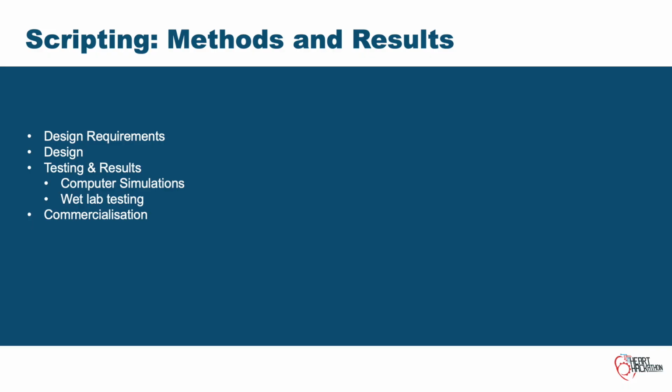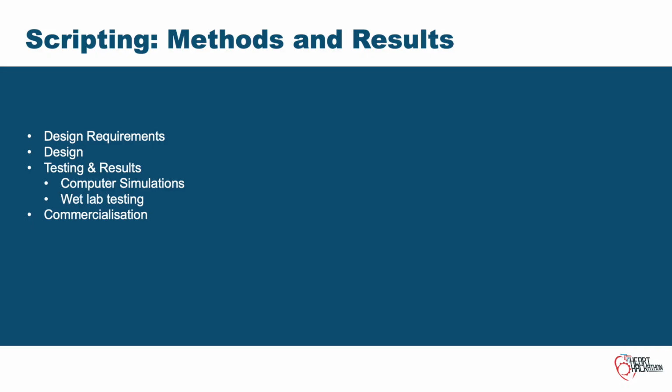For methods and results, depending on the structure of your poster, you might be merging them together, or they might be two standalone sections. At least based on what we think the abstracts were submitted on, these would be the sort of sections you might want to include, whether it's the design requirements you did or the particular design, or your computer simulations or mock circulation loop.